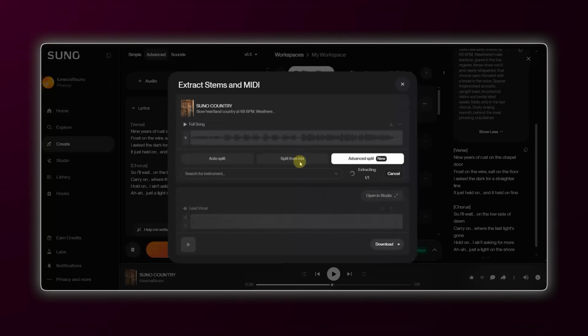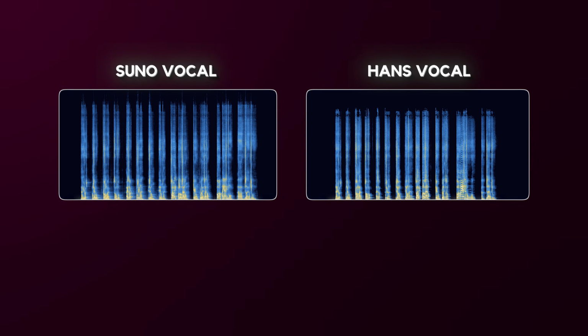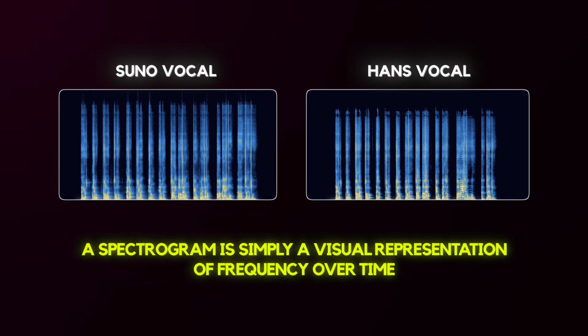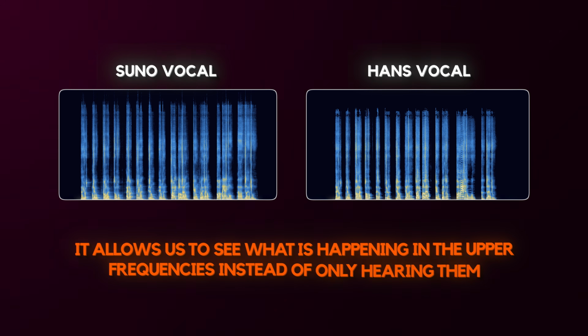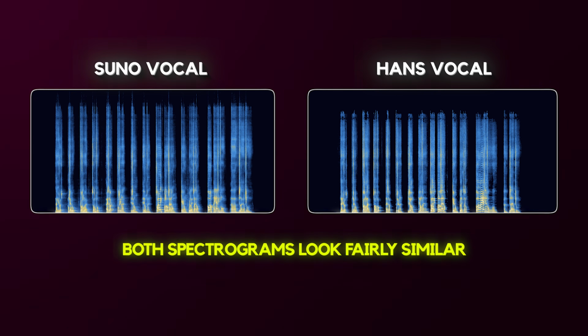Now, I'm going to separate the vocal stems from each track. Here are the two isolated vocal tracks displayed as spectrograms. A spectrogram is simply a visual representation of frequency over time. It allows us to see what is happening in the upper frequencies instead of relying entirely on what we can hear. As you can see, both spectrograms look fairly similar.